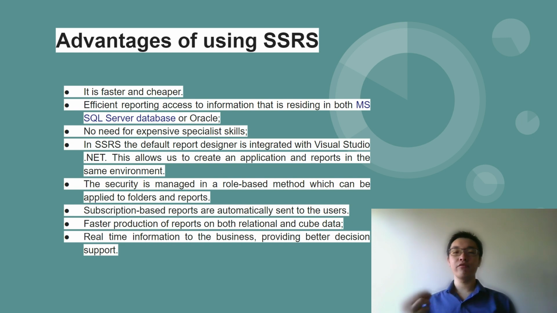The last one, real-time information to the business, provides better decision support. And nowadays we are looking for time demand. We need to see daily data, timely data like every hour data. Then this SSIS will help you, especially if you store your data under SQL Server.